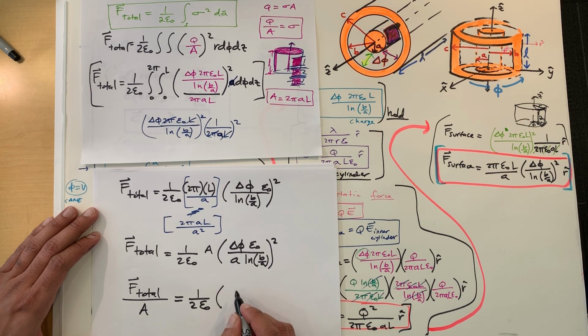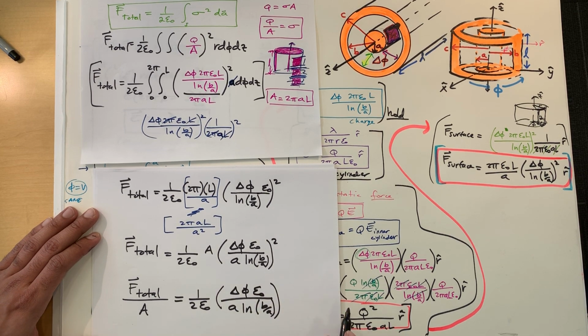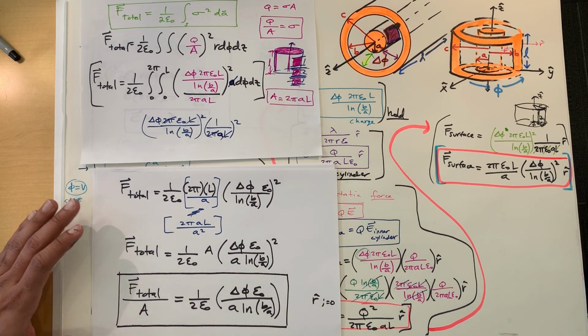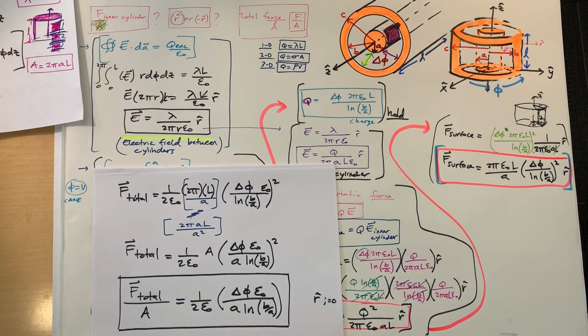And we got the potential over A ln of B over A, epsilon now. And the radial direction is equal to 0. And so this is it. This is the force per unit area.